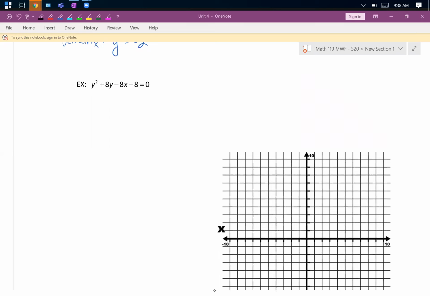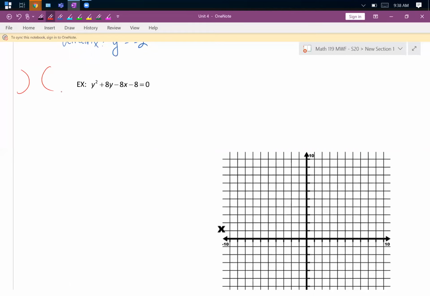We've graphed parabolas for a long time, but it's always x squared, and those open up and down. So when it's x squared, it opens up or down. When it's y squared, it's going to be opening side to side, and we're not sure whether it's left or right until we establish whether our p-value is positive or negative.